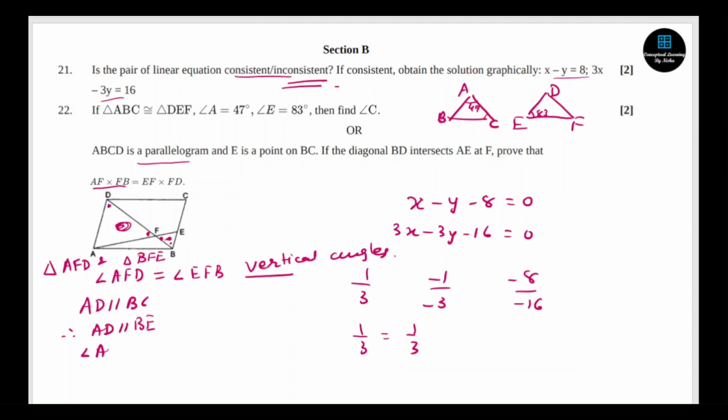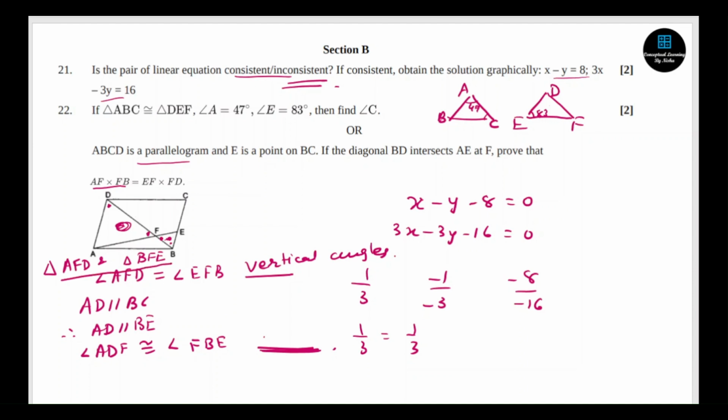So angle ADF is congruent to angle FBE, correct? Why? Because they are alternate angles. You have to write the proper reason. Okay, write the proper reason here. Alternate angles for these two parallel lines. So using which criteria? Yes, AA criteria. These two triangles are similar.